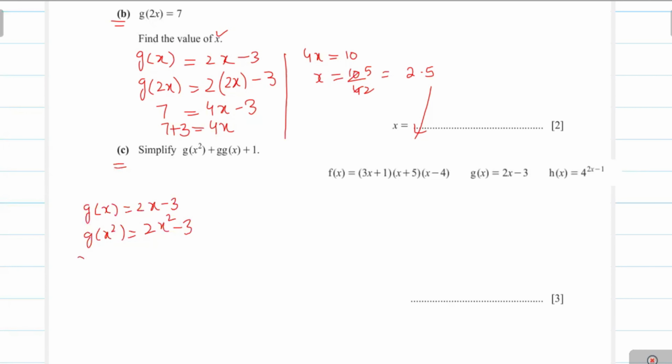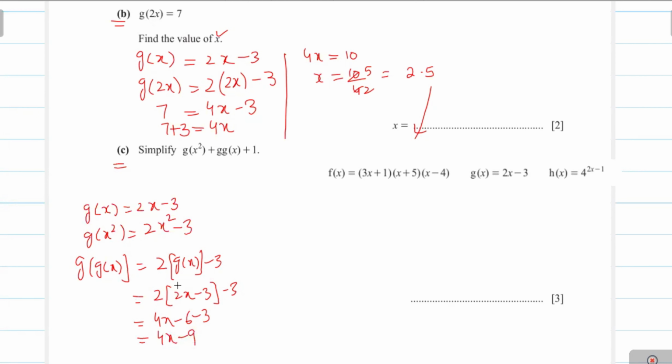And next, g of g of x will be equal to 2 into g of x minus 3. You know g of x is 2x minus 3. You can write it as 4x minus 6 minus 3, and this will be equal to 4x minus 9.